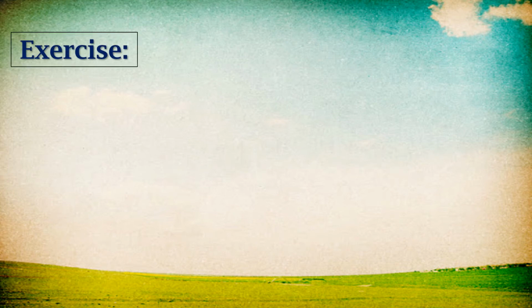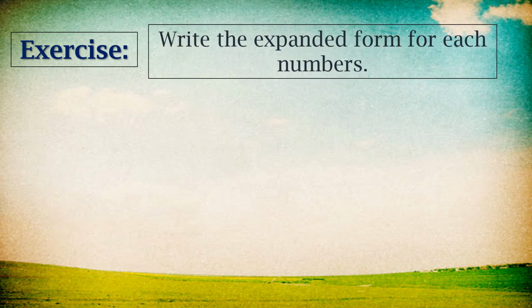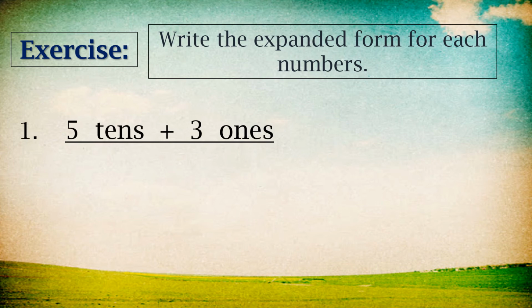In this exercise, we are going to do the same thing. All we have to do is just expand the words for each number. Okay? Number 1, 5 tens plus 3 ones. 5 tens.